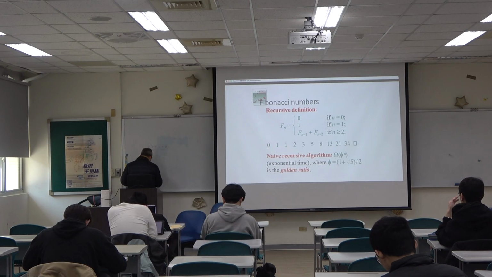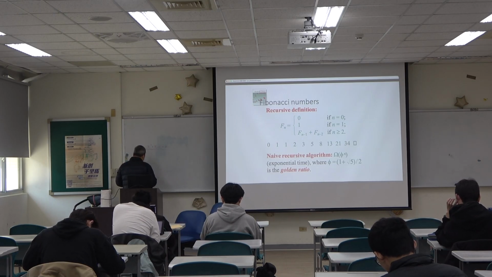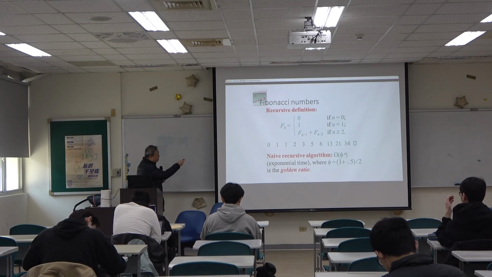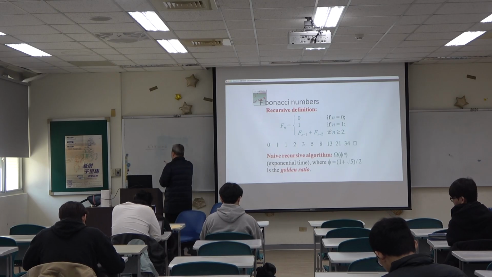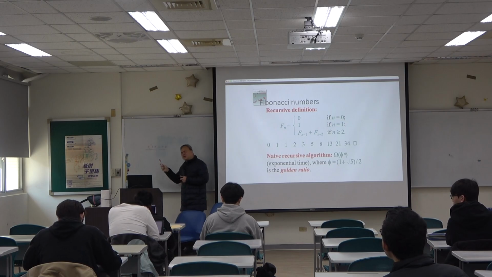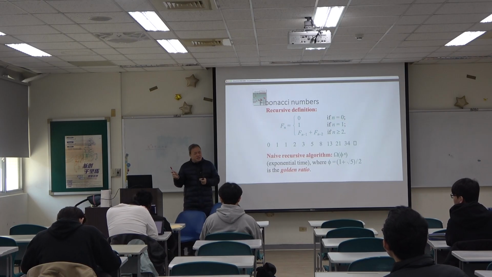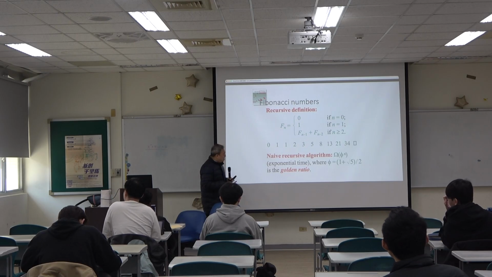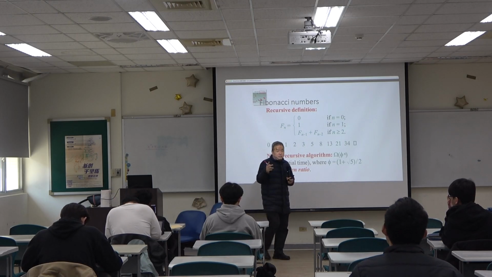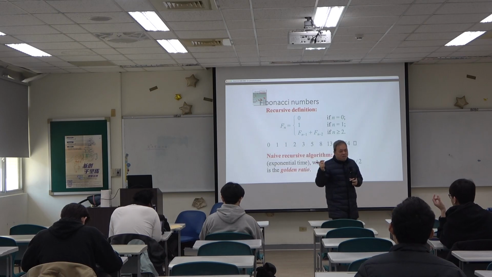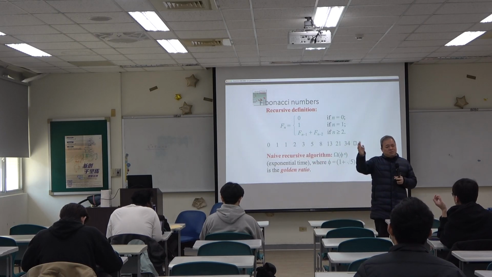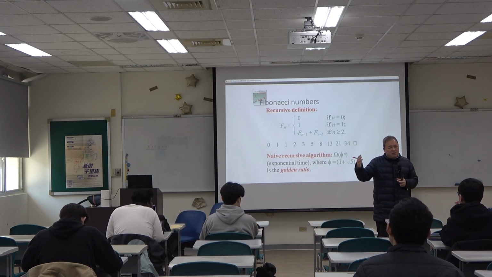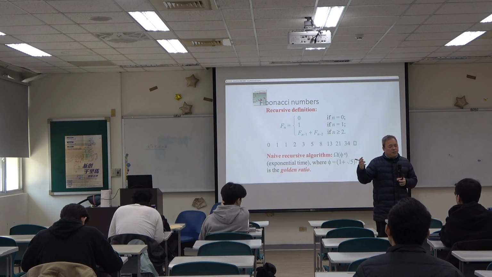eventually you will get your F(n). Try to solve this one, I forgot, the characteristic equation or something like that. You try to solve this one, which will give you two roots. But one root will be negligible because its absolute value is lower than one.